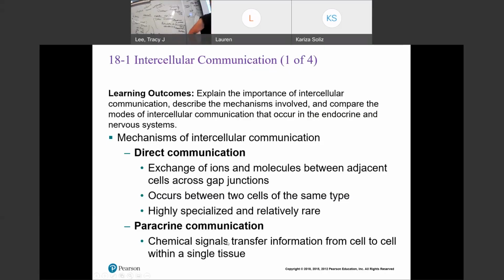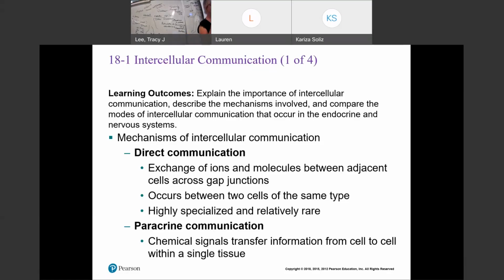Paracrine communication. I would say paracrine are kind of a local chemical. They are talking right there to a local tissue is where we see paracrine. When might we see a paracrine type signal?